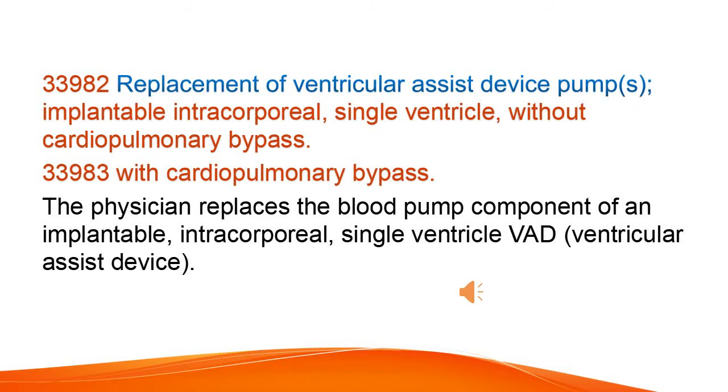Replacement of ventricular assist device pump, implantable intracorporeal, single ventricle, without cardiopulmonary bypass. With cardiopulmonary bypass, the physician replaces the blood pump component of an implantable, intracorporeal, single ventricle VAD, ventricular assist device.